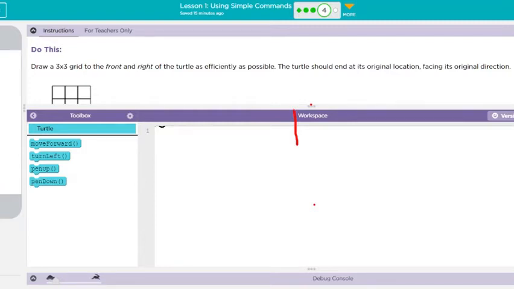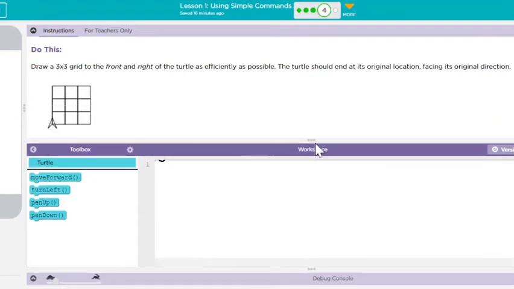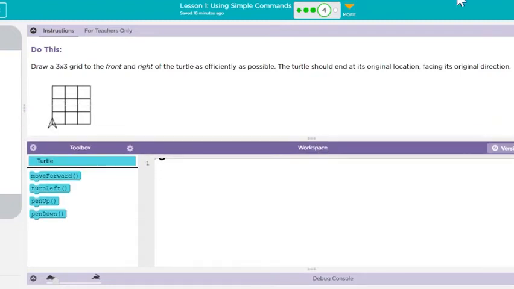When it comes to task 4, I'm actually going to need to do this first. So I'm going to reduce my workspace a little. I want to be able to see what I'm expected to be drawing. So first of all, we need to make sure that this turtle ends in that position at the end.